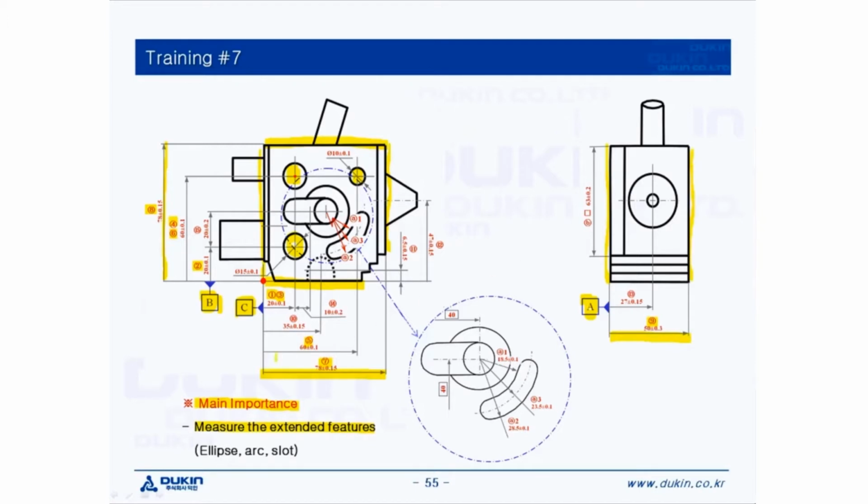And number 10 and 11 are for the center of sphere. Number 12 and 13, the vertex coordinates of the cone.